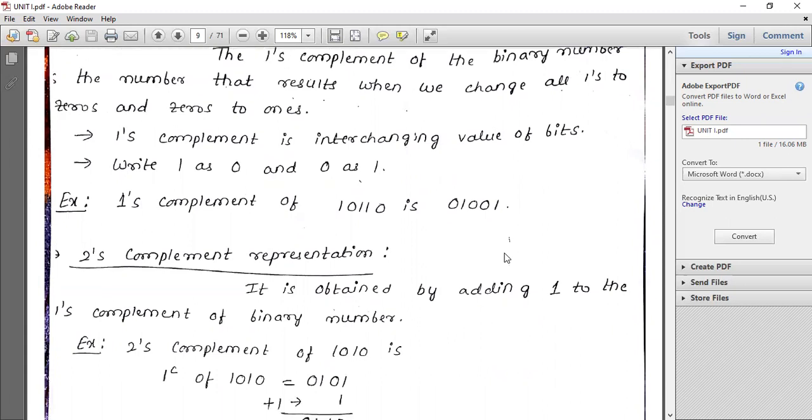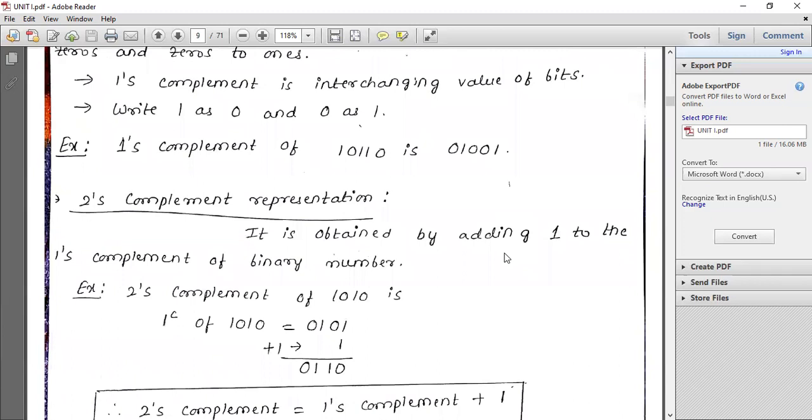Next, coming over to 2's complement. 2's complement is obtained by adding 1 to the 1's complement. So for the given binary number, you have to perform the 1's complement first. Then to that result, if you add 1, that gives us the 2's complement. The addition of 1 will be at your LSB bit, not at your MSB bit or anywhere in between.